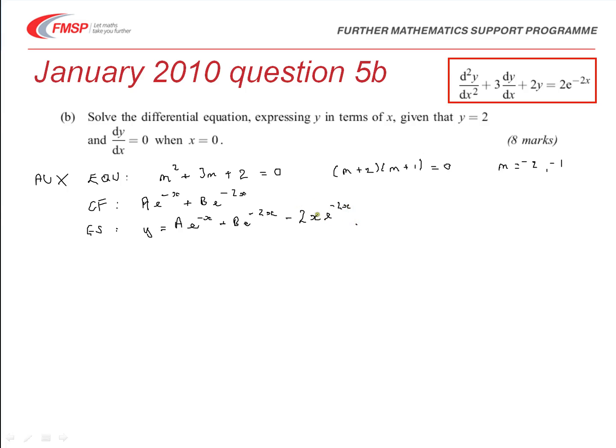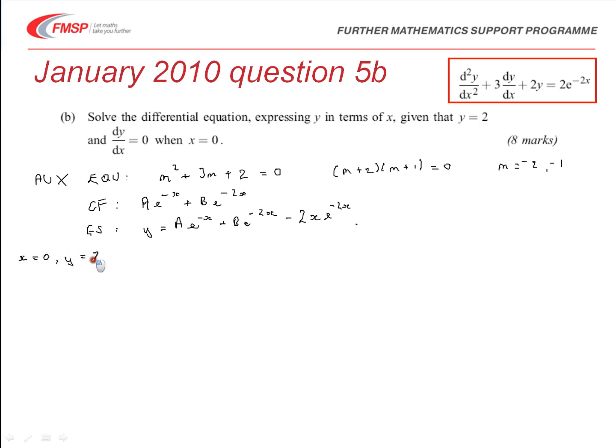Okay, now from that general solution we now need to find the one solution that fits the conditions, because we're told that when x is 0, y is 2, and when x is 0, dy/dx is 0. So we start with the first one, when x is 0, y is 2.